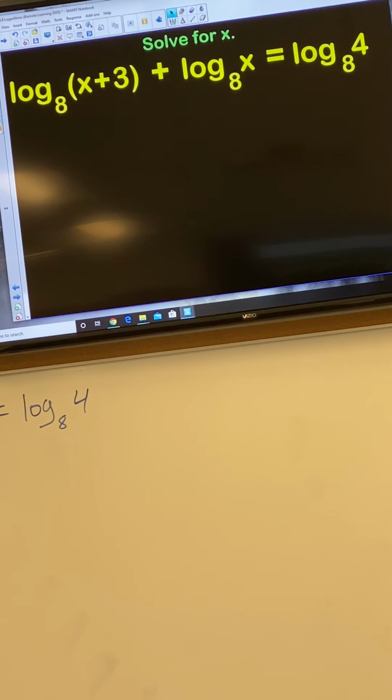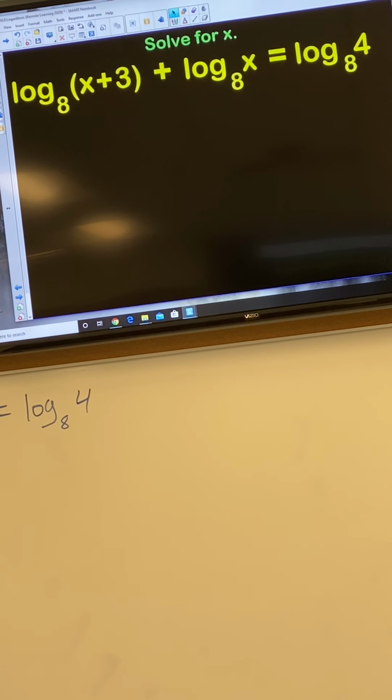First thing I'm going to do: there's no number sitting out here I need to pump up as a power. So I'm going to squeeze these guys together right here. I get log base 8 of x plus 3 times x equals log base 8 of 4.